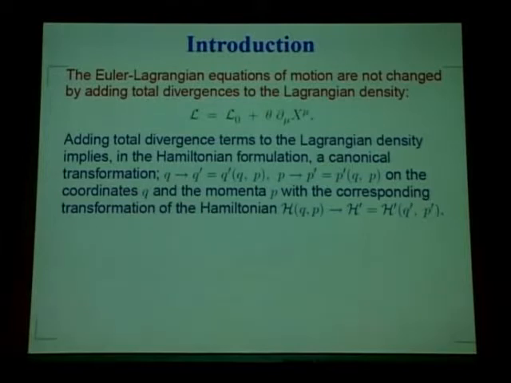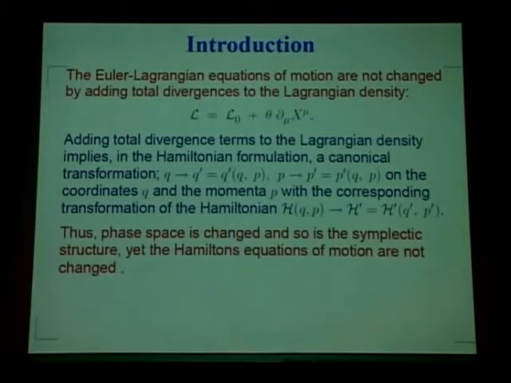In the Hamiltonian formulation it only implies a canonical transformation of the coordinates, old coordinates q changing to q prime as a function of old coordinates and momenta, and old momenta changing to new momenta as a function of old coordinates and momenta, and a corresponding change in the Hamiltonian to a new Hamiltonian H prime, which is a function of the new coordinates and momenta.